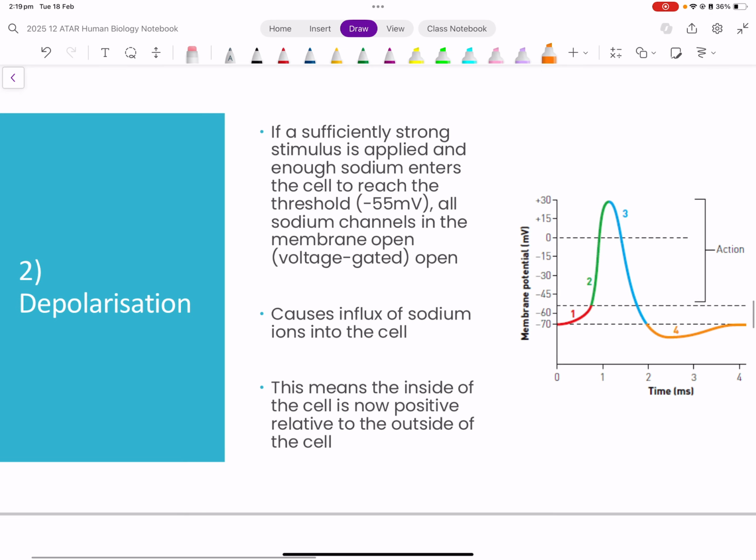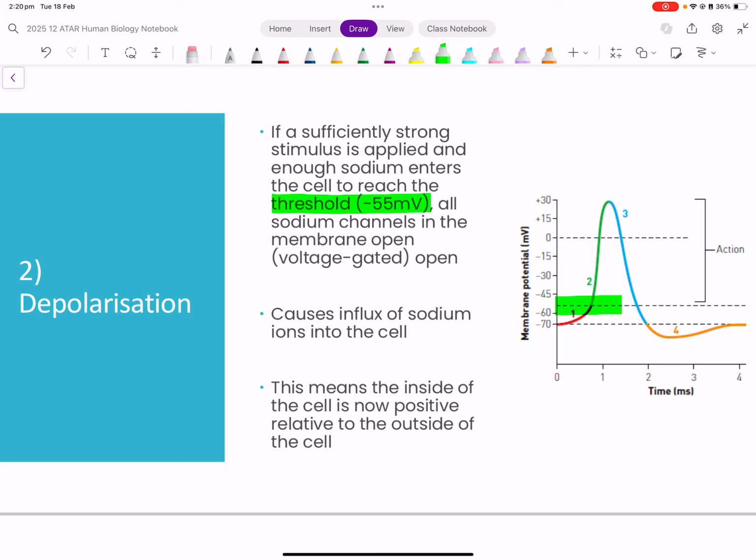Now, second step, depolarization. If a sufficiently strong stimulus is applied, so a sufficient change, then enough sodium enters the cell to reach this line here. This line is known as the threshold. And this threshold is negative 55 millivolts, so 15 millivolts higher than the resting membrane potential.